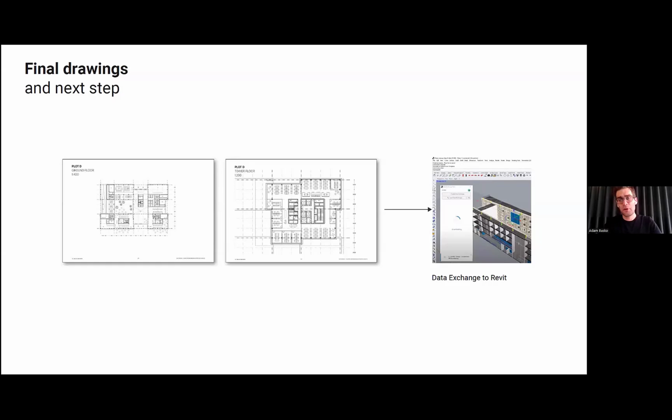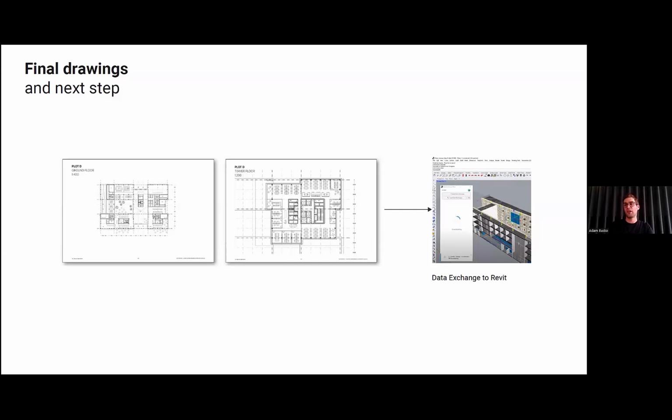So at this point in our competition timeline, we're closer or almost at the end. The last part that we do here is the data exchange. If you're finishing up with your project and hopefully you won it, then the next group of people will come. In our case, our BIM team works in Revit. So we need to use the data exchange to migrate the building into the next phase.